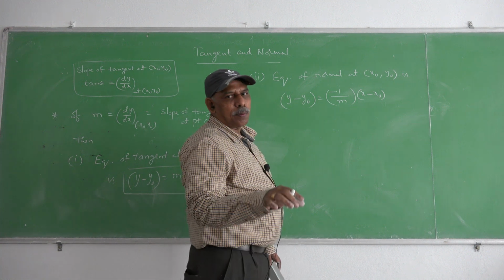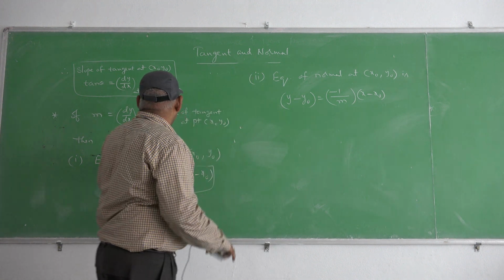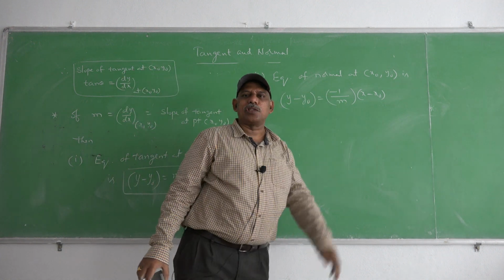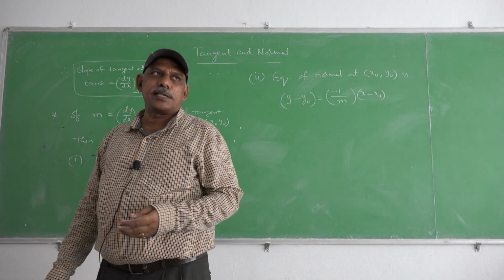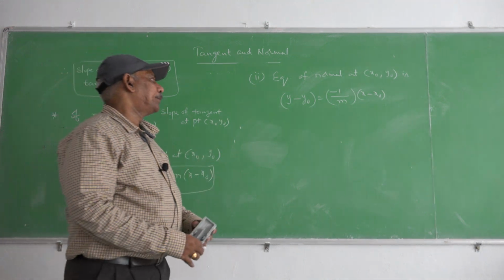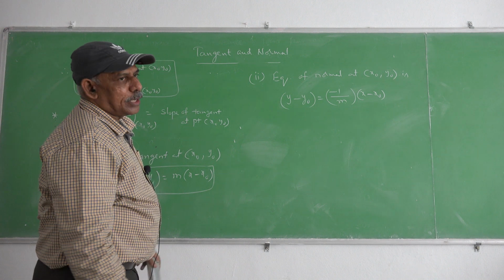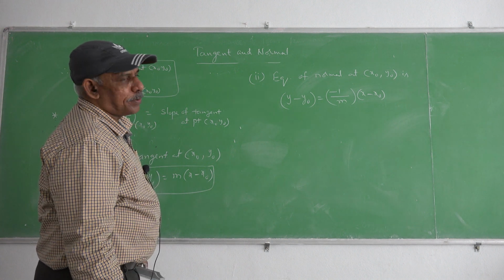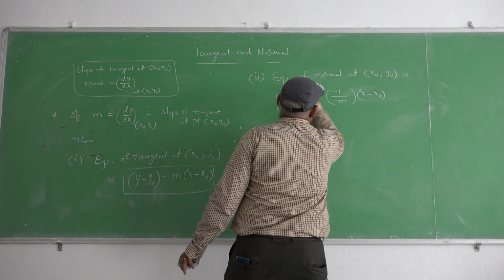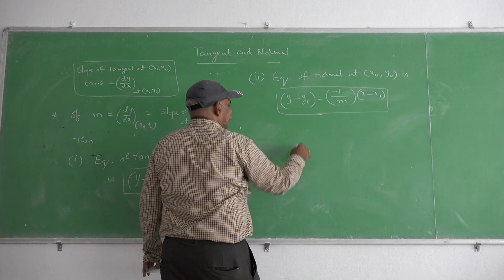Since m is the slope of the tangent, minus 1 by m is the slope of normal. Normal in the sense the line which is perpendicular to the tangent. So y minus y naught equal to minus 1 by m into x minus x naught is the equation of the normal at x naught y naught.